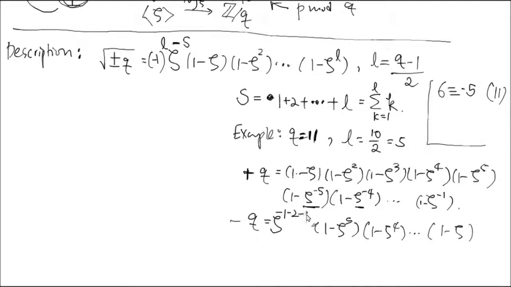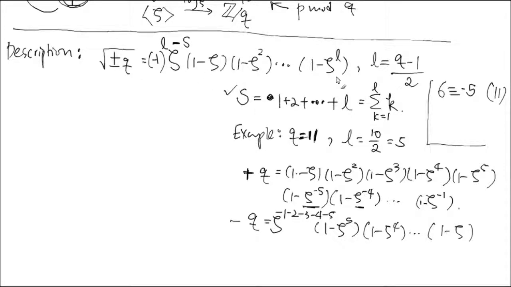Negative 3 pulled out, negative 4 and negative 5. Make sense? That's what's gathered in front as a power of zeta. So that's what I wrote up here. Do you agree? I wrote the negative outside, and just look at the sum. That's exactly the 1 through L sum that's piled up there. So that's the general formula right there.